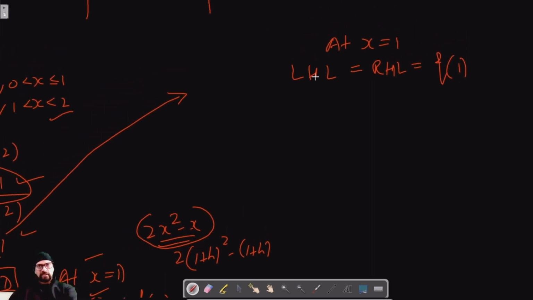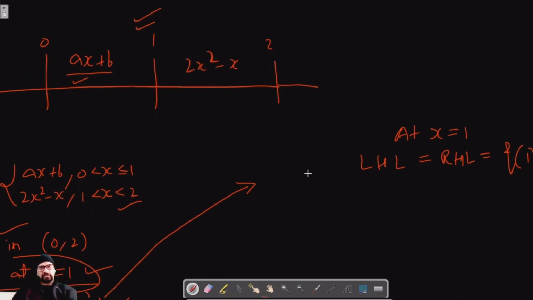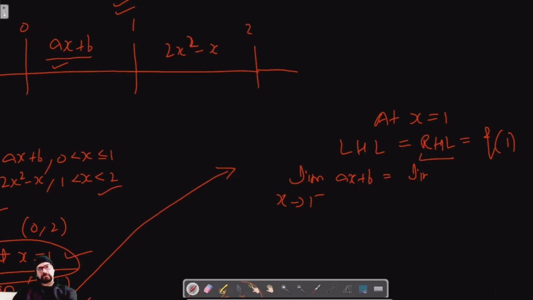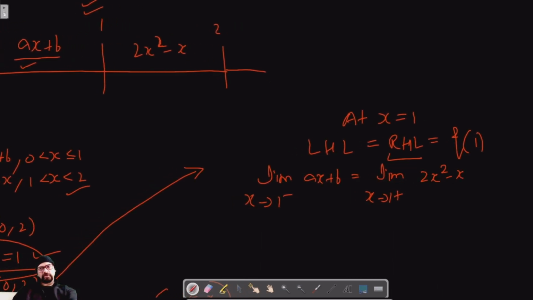Now our function, at x is equal to 1, the left hand limit will be limit x tends to 1 negative, and the function is ax plus b, and the right hand limit is limit x tends to 1 positive, and the function's value is 2x square minus 1.